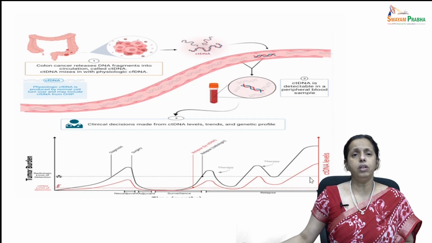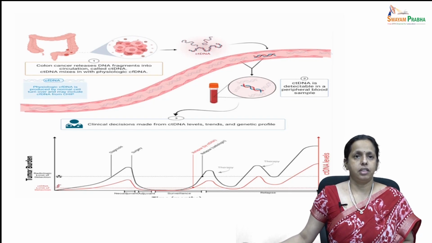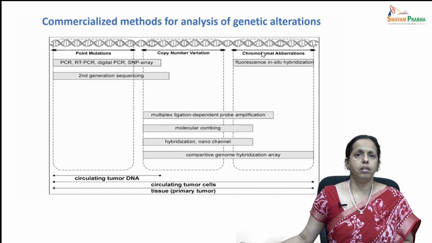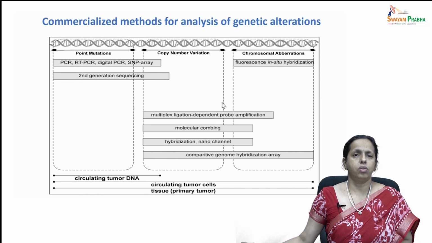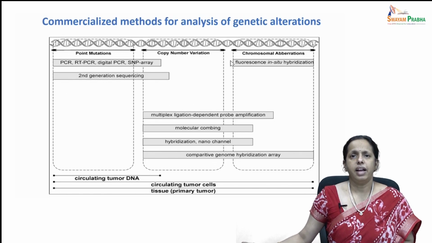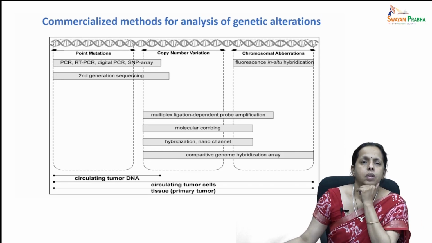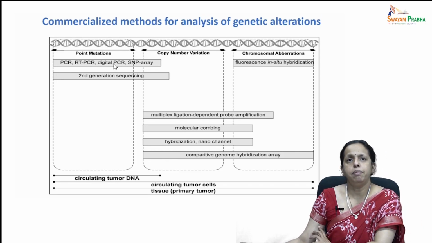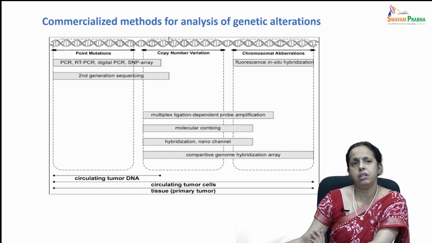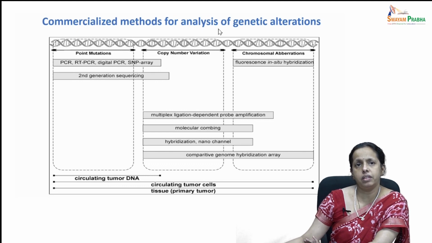So this is a very good marker to monitor your colon cancer disease stage. There are other methods too, like CTCs, as I mentioned. For ctDNA, there are many commercialized methods available for monitoring the genetic alterations.